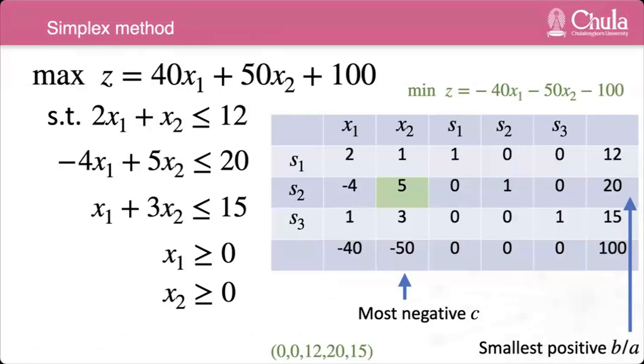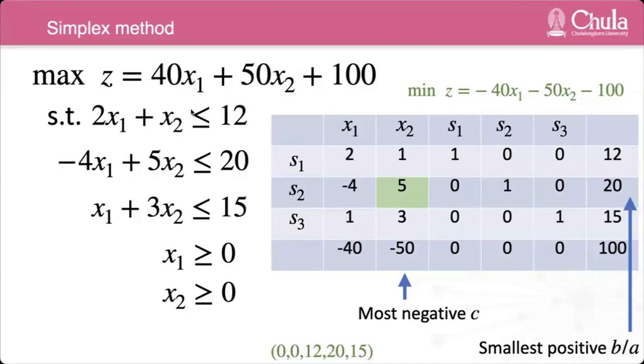Between maximum and minimum. But for the constraint, we need a constraint in a canonical form, right? Where the constant at the right-hand side must be non-negative, sorry, not strictly positive, non-negative. It can be zero, of course.